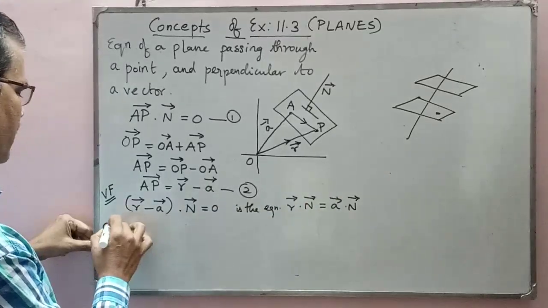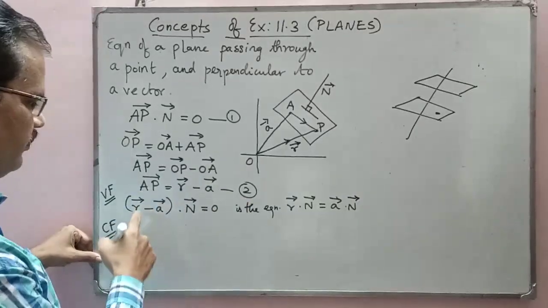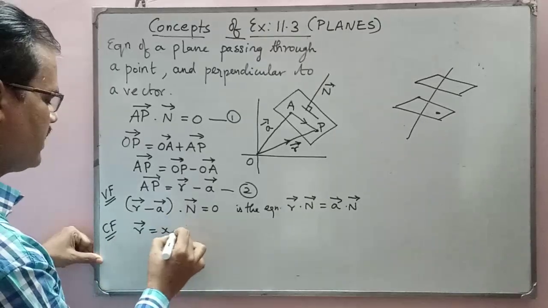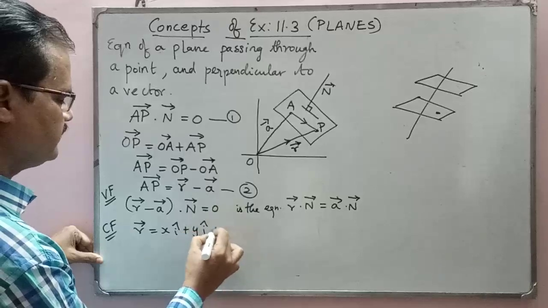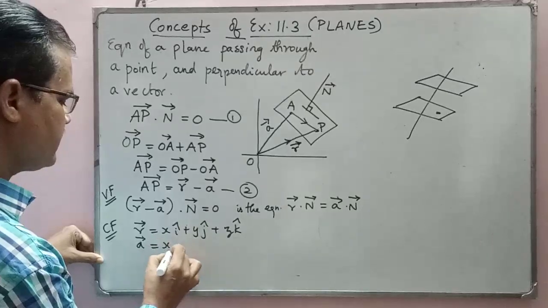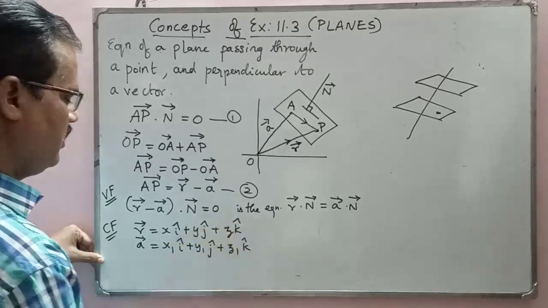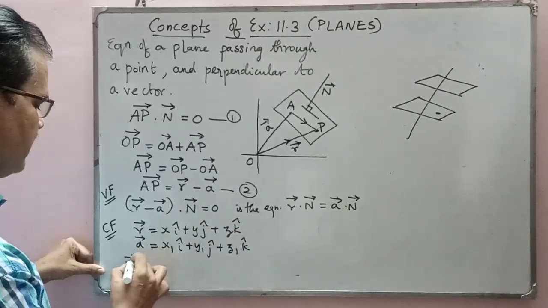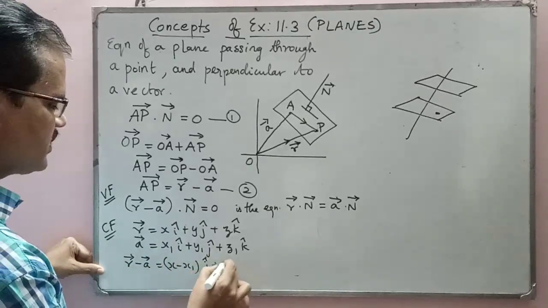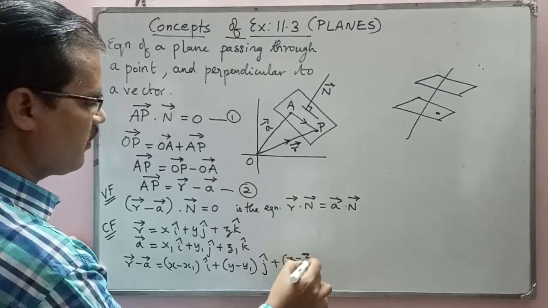Now the Cartesian form. As I told you, when you know the vector form, very easily you can frame the Cartesian form. r vector is always xi plus yj plus zk. a vector is a point, so we'll take it as x1 i vector plus y1 j vector plus z1 k vector. Now r vector minus a vector is x minus x1 into i cap plus y minus y1 into j cap plus z minus z1 into k cap.